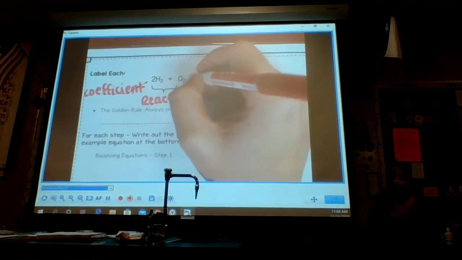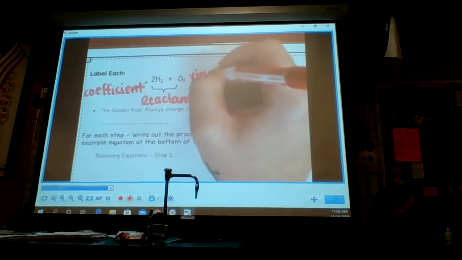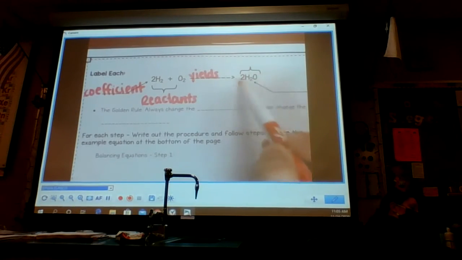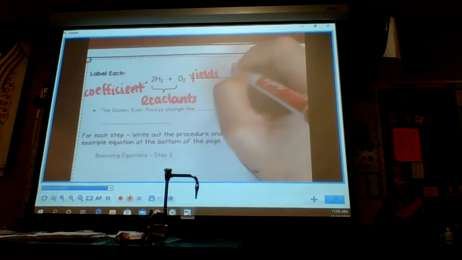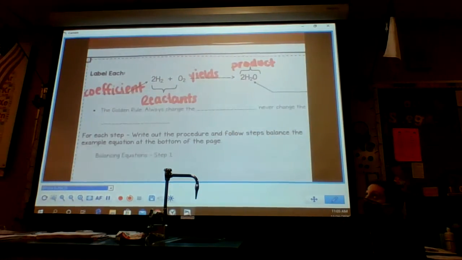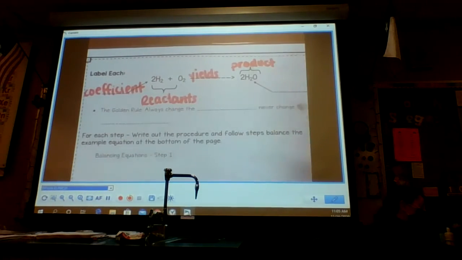Yields. And what did I make over here? What's it called? A product, yes. And what's that small number? Subscript.